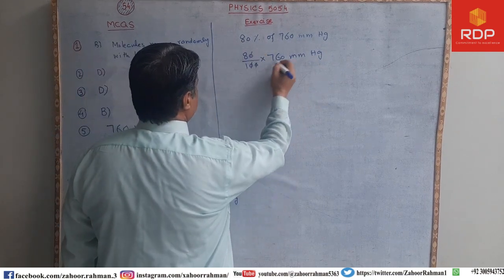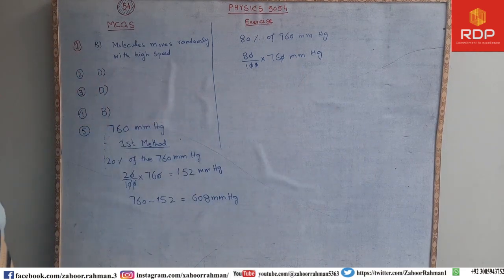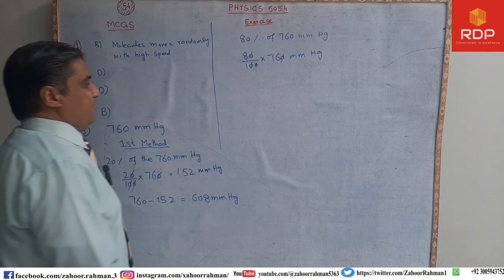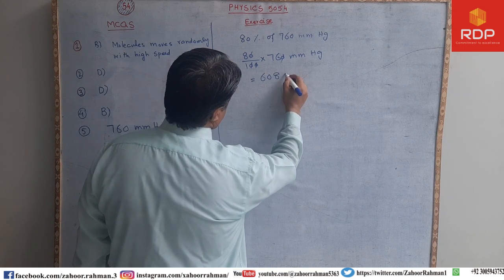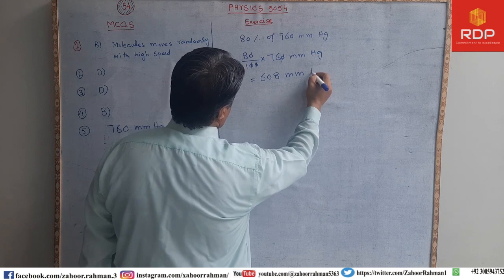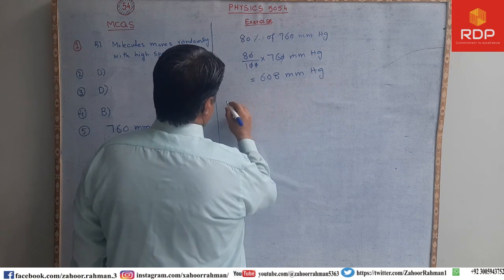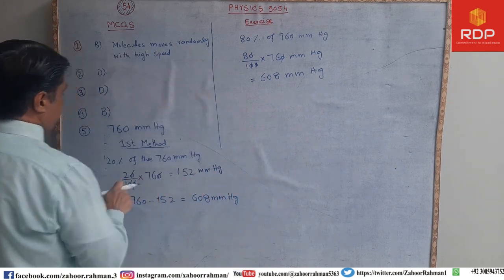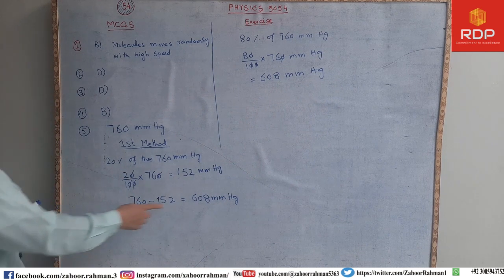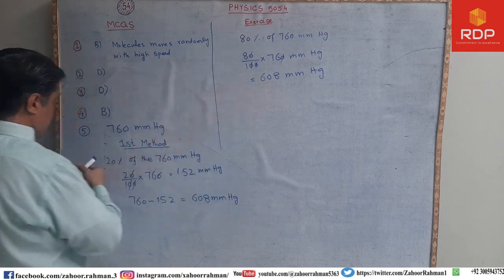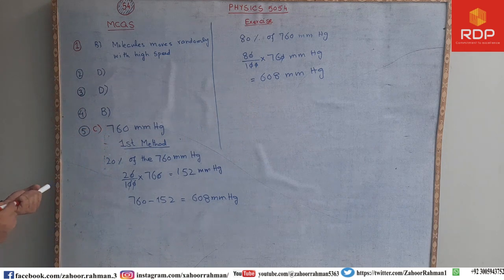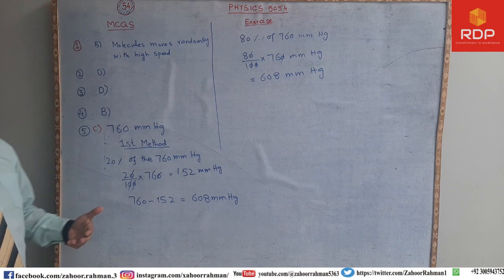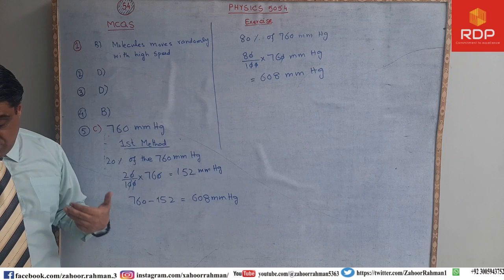Again, I am cutting the 10 with the 100. So when we multiply it directly, we will get 608 mm of Hg. So in both cases we are having 608, and they have given us C as the answer. In the C part, this 608.